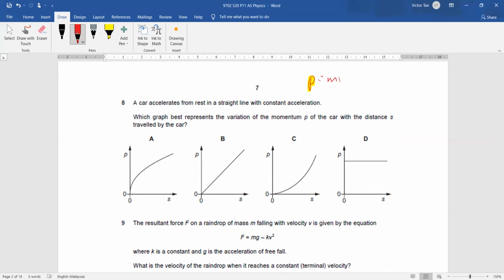We want to find a relationship between P and S. From rest, V from the equation V square equals U square plus 2AS, U will be 0, V equals square root of 2AS. So P will be equals to M square root of 2AS. So basically the graph of P to S is a square root graph. Square root graph will be this square root graph.